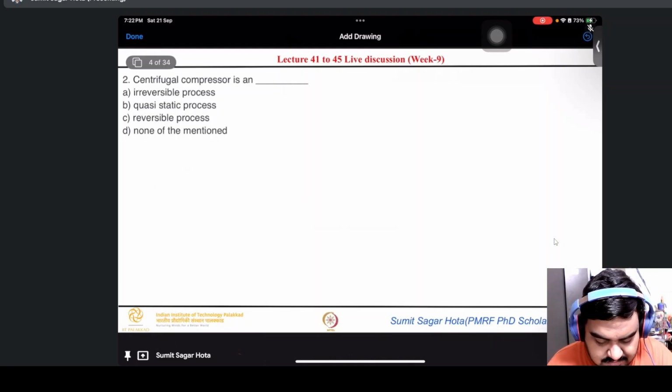The centrifugal compressor is a reversible process under some circumstances.